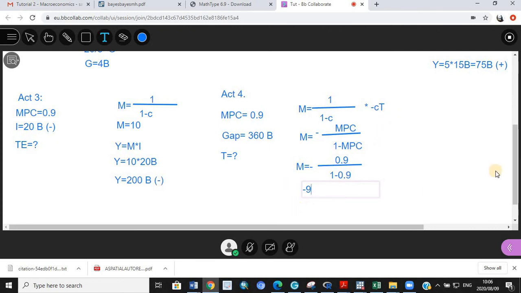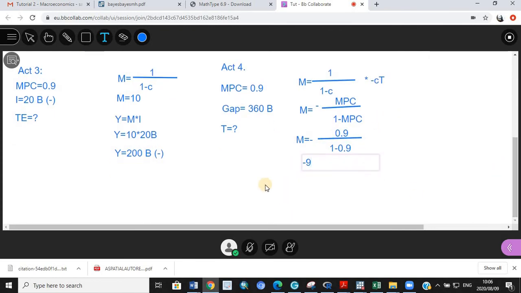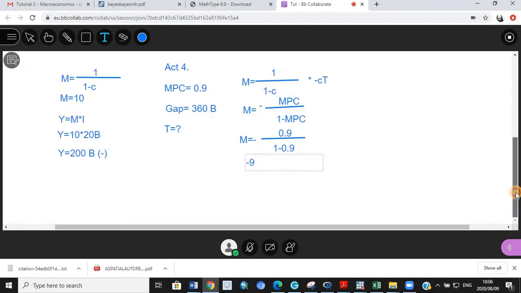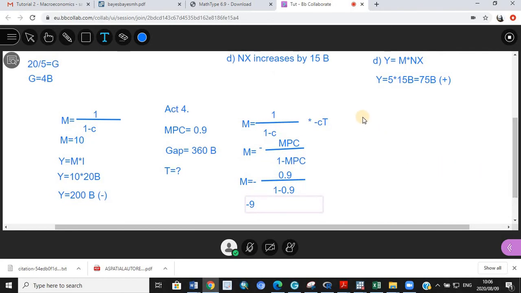This is only the multiplier, and we know that the recessionary gap is 360. So for us to close this gap of 360, we will say that 360 is going to be equal to m times t, because this is the tax that we need to decrease.